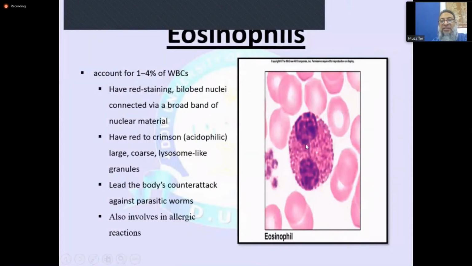They are very typical with coarse granules in their cytoplasm, and they are acidophilic. So their color is a little bit crimson, and they contain lysosome-like granules which, when released on the invading microorganism, start digestion and phagocytosis.